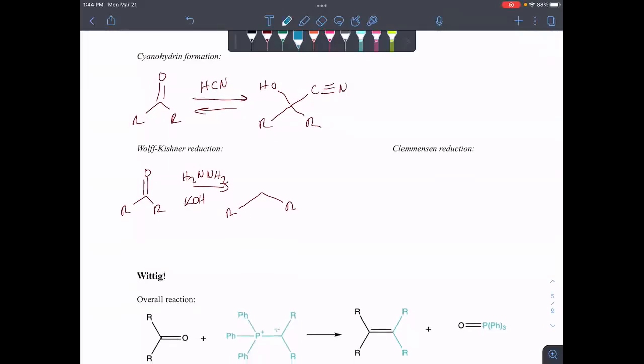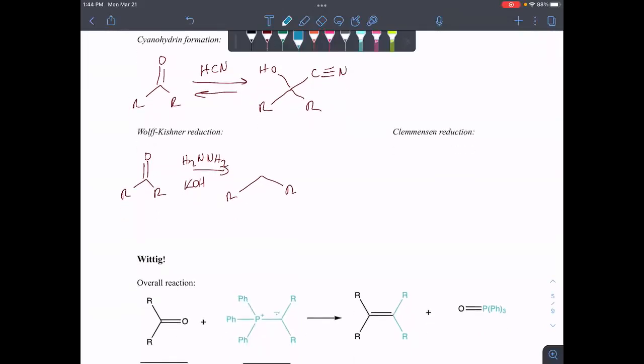And then Clemmensen reduction, same thing, you just chop off the ketone, but you use a zinc mercury amalgam over HCl. So you have ZnHg on top, HCl on the bottom, same thing, you just cut off the ketone. The Wolff-Kishner product, is that RR or R?